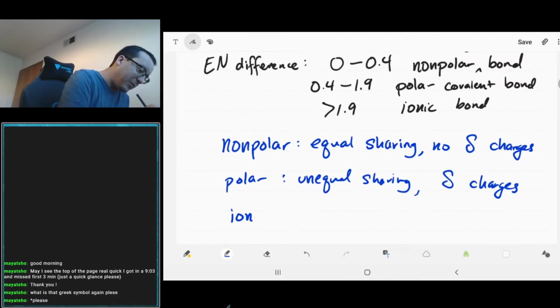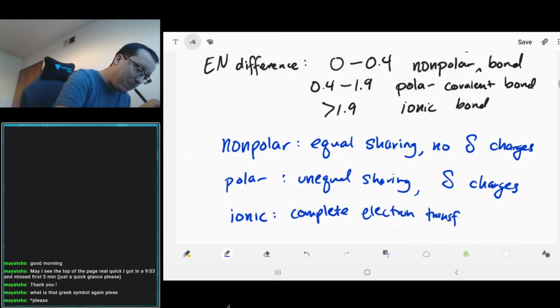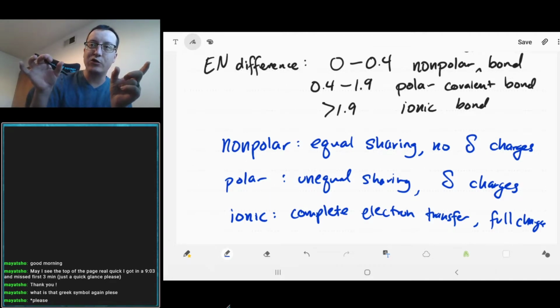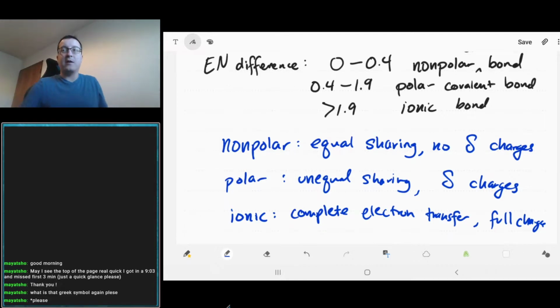And of course, an ionic bond, we have complete electron transfer. And those we have full charges. So that would be like sodium completely giving away an electron to chlorine. Now we have a completely positive, an entire positive charge on sodium, an entire negative charge on chlorine. That's an ionic bond. Okay, so that's what these are going to mean.